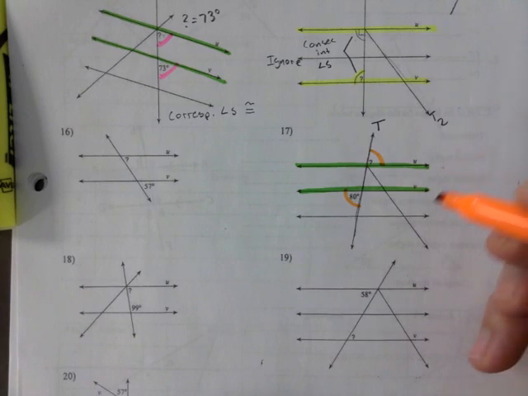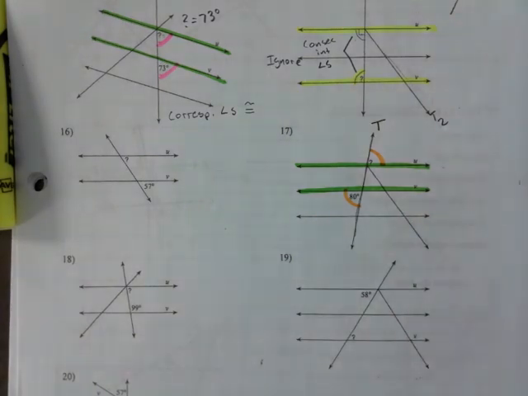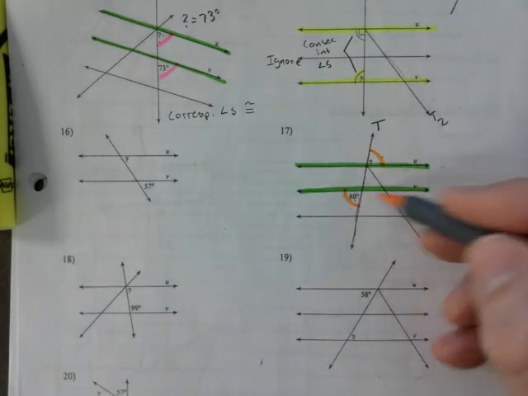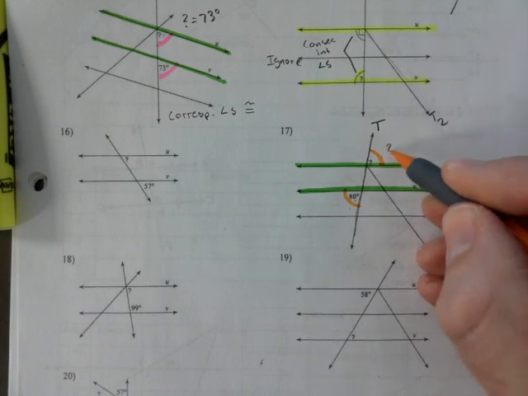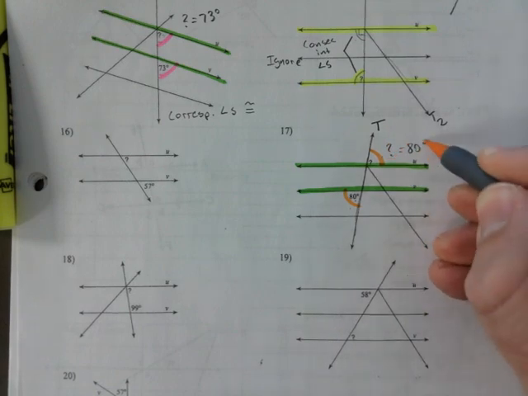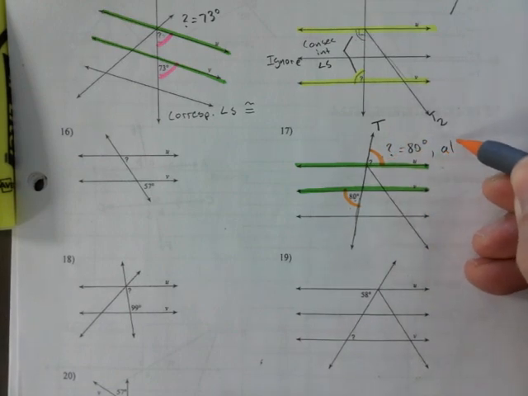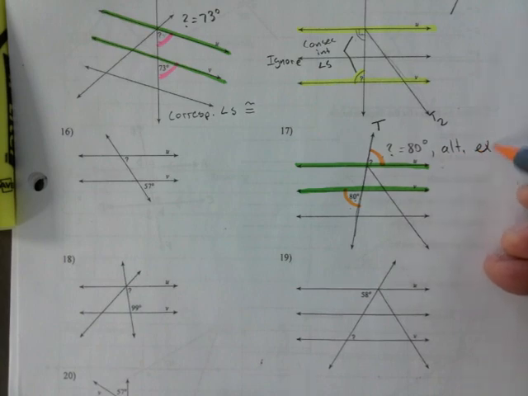What are they called? They're both outside, right? So exterior is going to be part of the name. They're on opposite sides of the transversal. Alternate exterior, right? And according to our rules, they must be the same if you want these lines to be parallel. So the question mark is 80 degrees because alternate exterior angles must be congruent for that to happen.